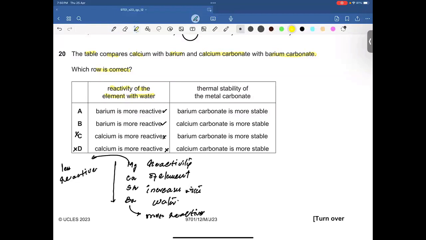Now let's talk about the thermal stability of metal carbonates. Guys, we have discussed this topic in such detail that you should have an idea about this, right?